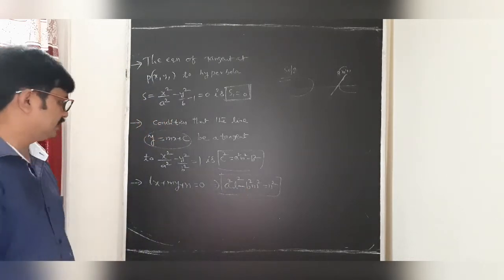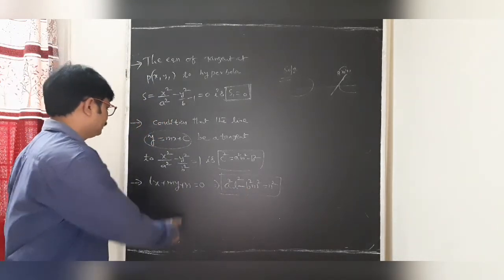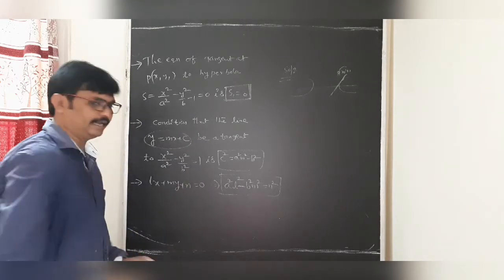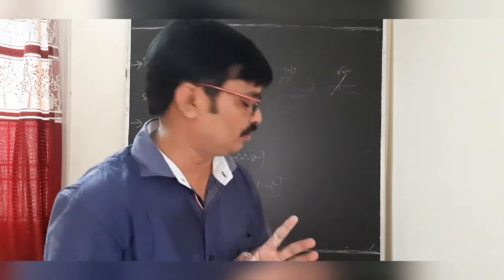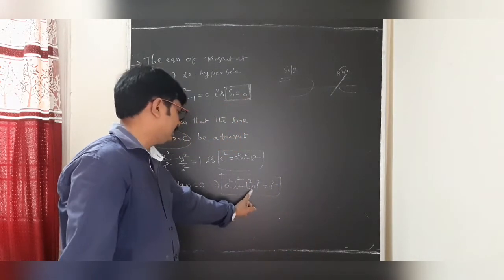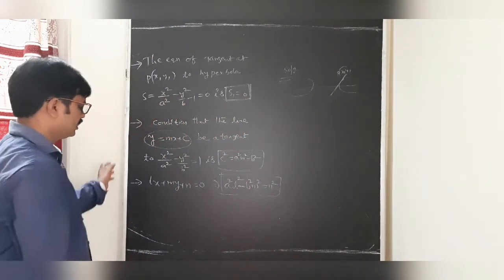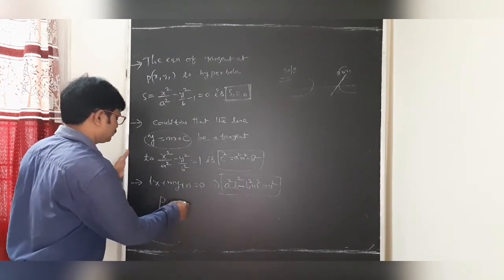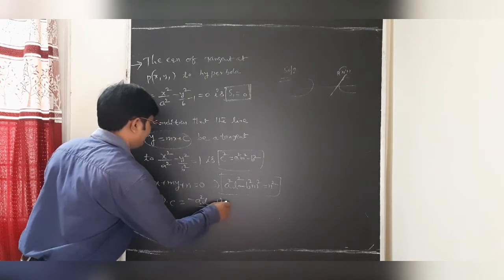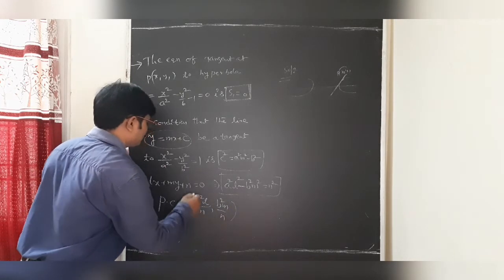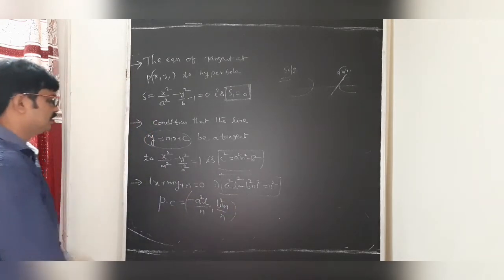So you can write the condition for the line lx plus my plus n equal to 0 to be a tangent to the hyperbola as a square l square minus b square m square equal to n square, where the point of contact is minus a square l by n comma b square m by n. In the ellipse, both are minus.